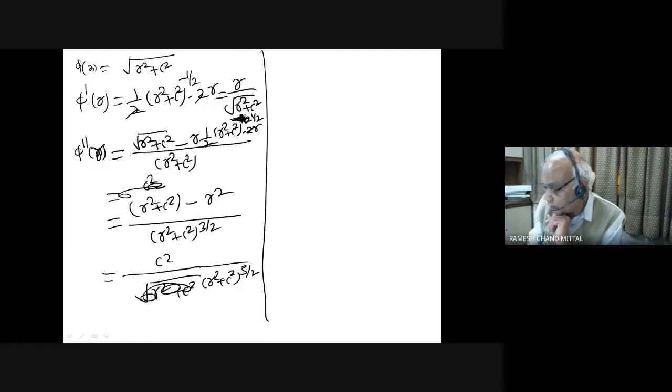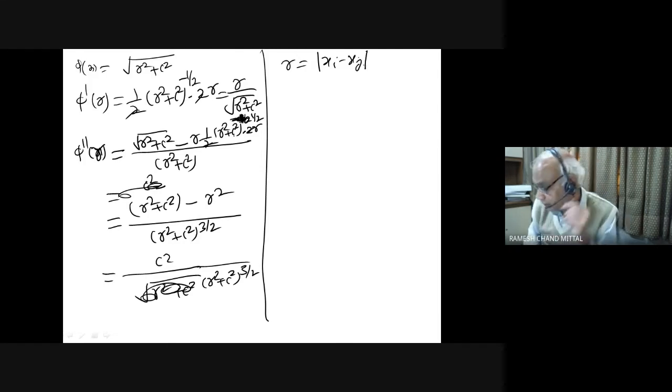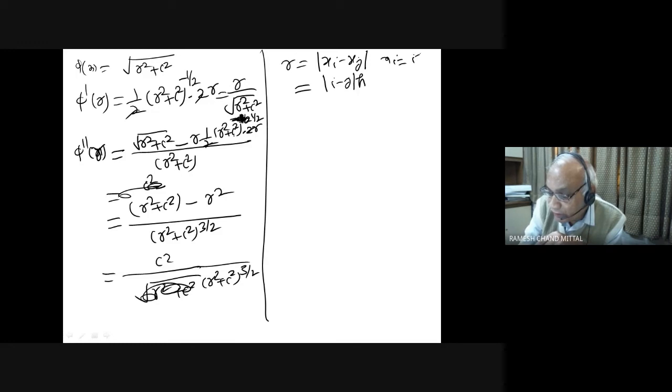So now my r is equal to x i minus x j, the difference between x i and x j. I hope everybody understands that. So I have to take i minus j times h, because x i is i h for the interior, so x j is j h, and I get this.